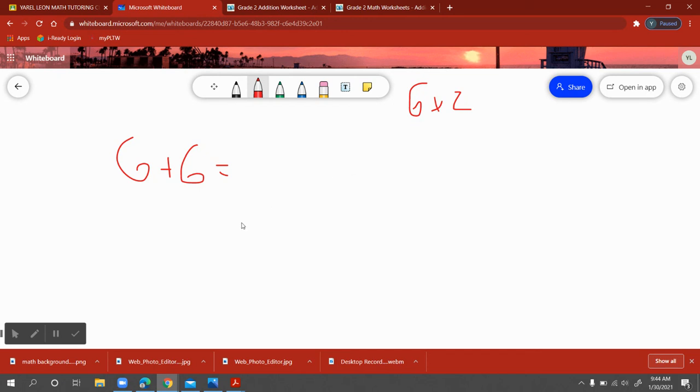But in this case, we can do 6 plus 6. I'm sorry if this is just a times table. I'm gonna let you guys guess for this one. If you said 12, you're amazing. You're correct. 12.